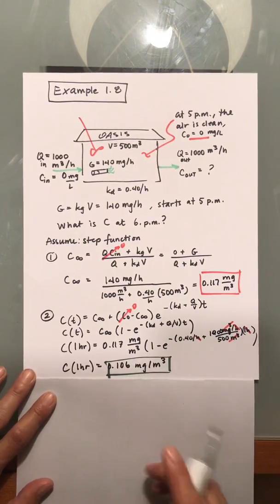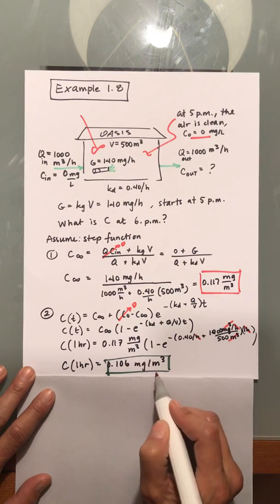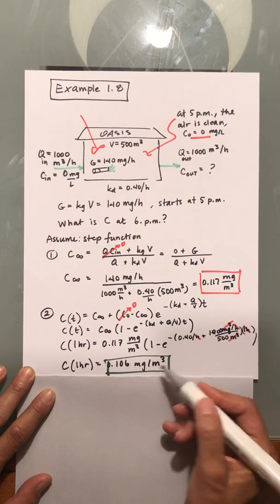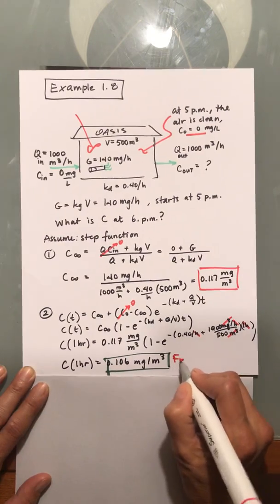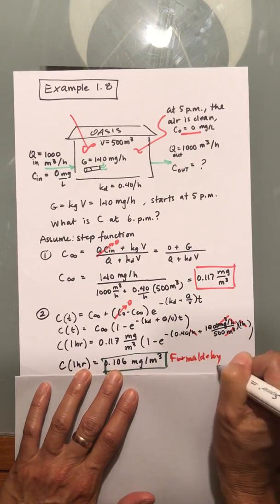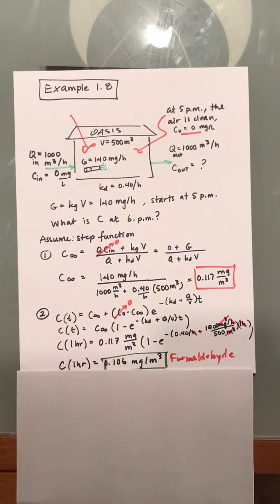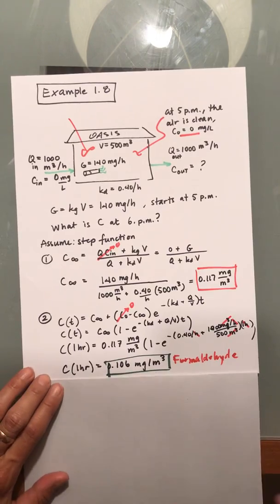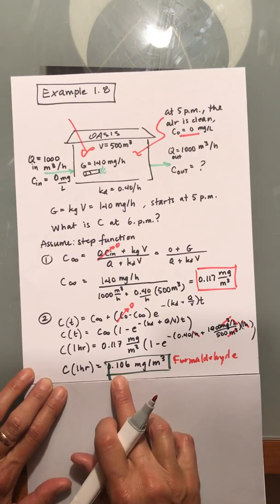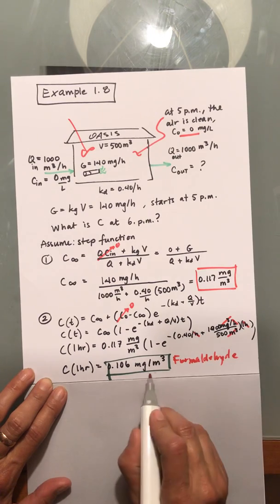Good. And then we're left with milligrams per cubic meter, which is the concentration for a gas, and this is formaldehyde. So the concentration at 1 hour is only 0.106 milligrams per meter cubed.